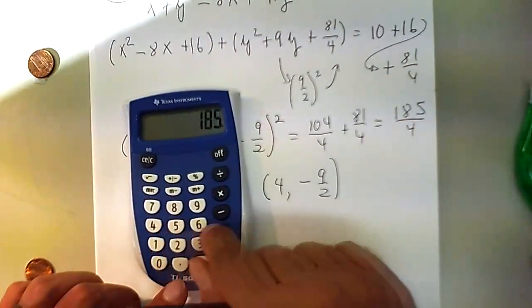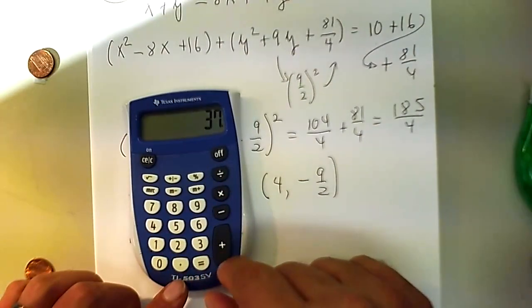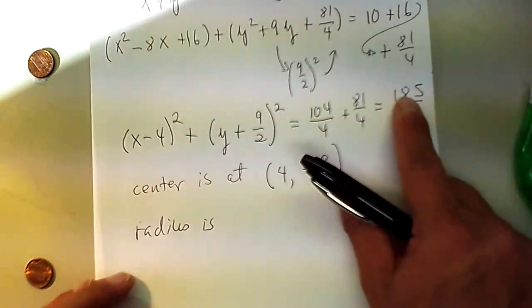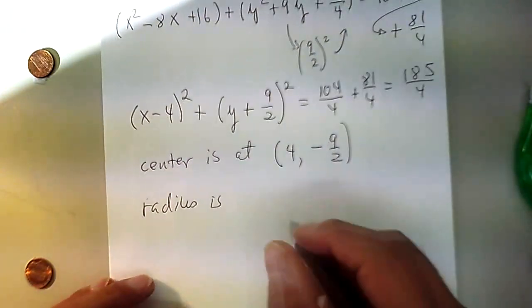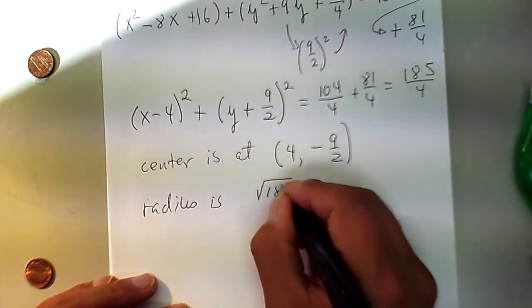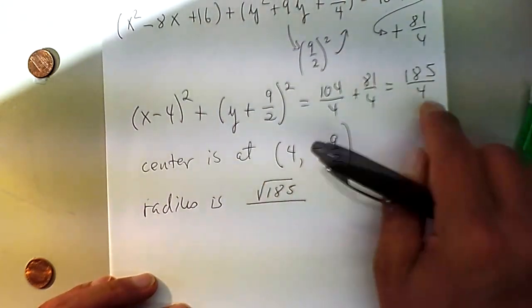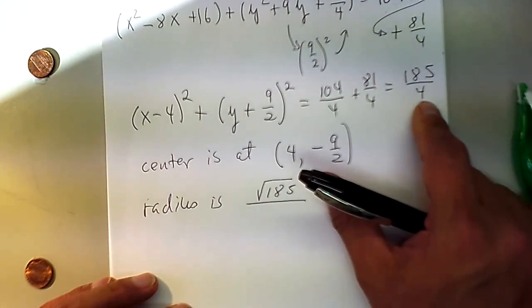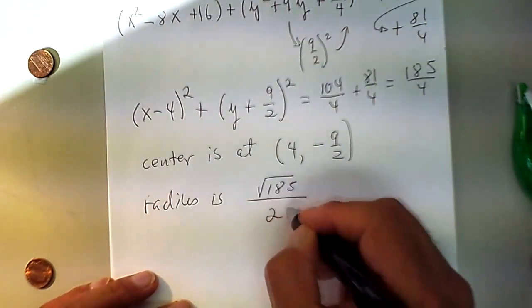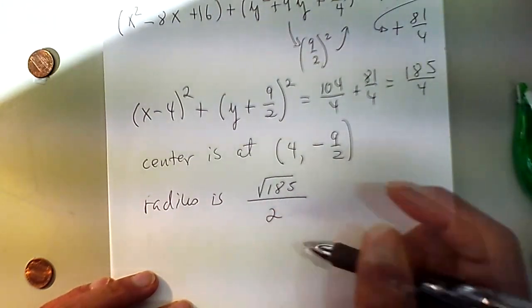So 185 divided by 5 is 37. That is a prime number. So that means we cannot simplify the 185 when we root it. So the radius is square root of 185, but the denominator certainly can be square rooted, and that is 2. So the radius is square root of 185 over 2.